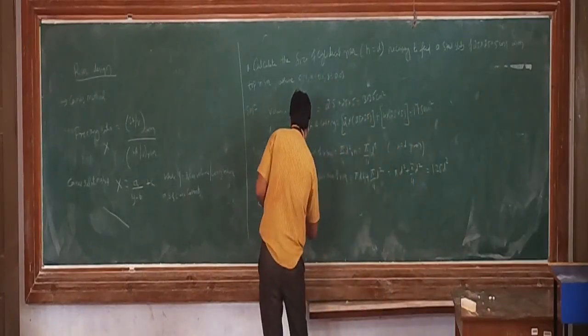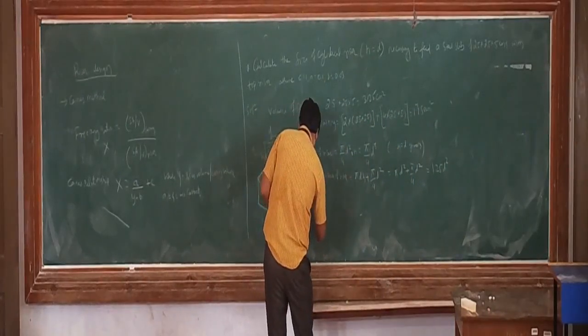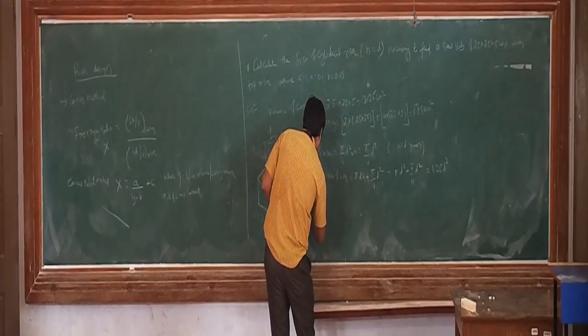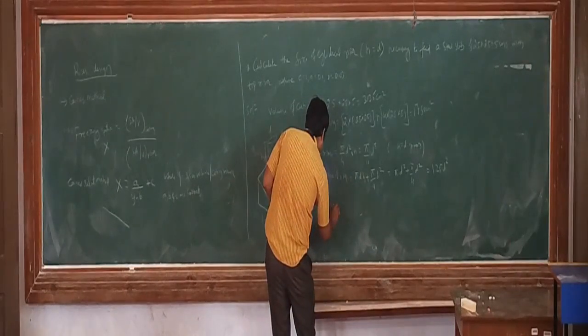So x, freezing ratio, is equal to surface area by volume of casting divided by surface area divided by volume of riser.